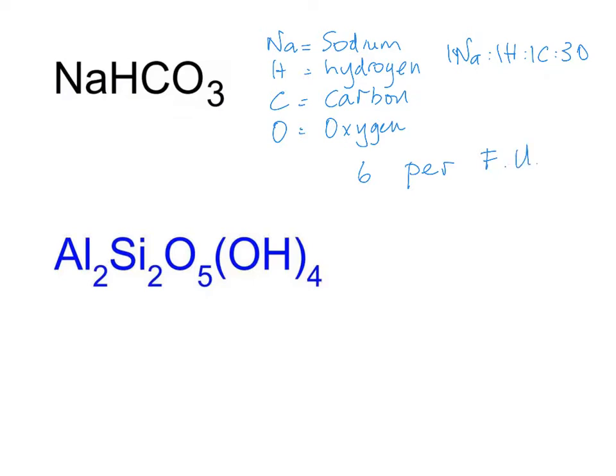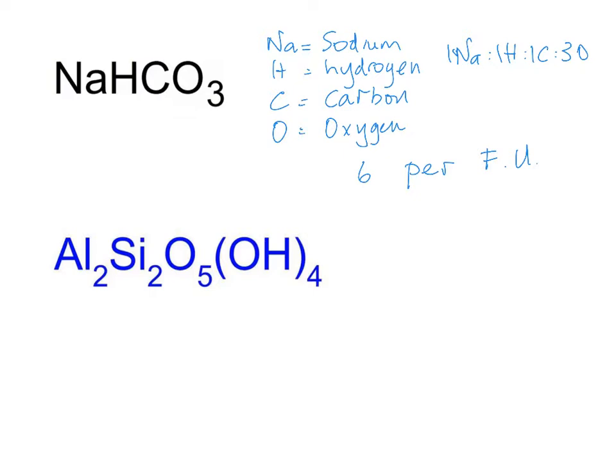Right, this one looks tricky, this one down here, but it's not. It's actually a form of clay, and actually we're looking at that. So let's go through it the same way. We've got capital A, capital S, capital O, another capital O, and H. Now O is going to be the same element, so we've actually got 4 elements only.